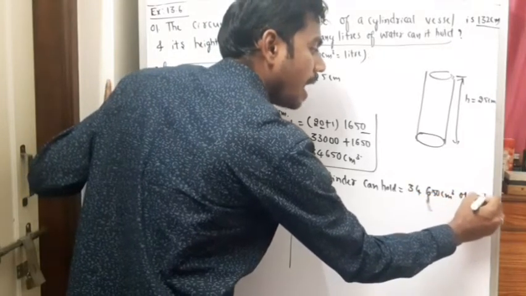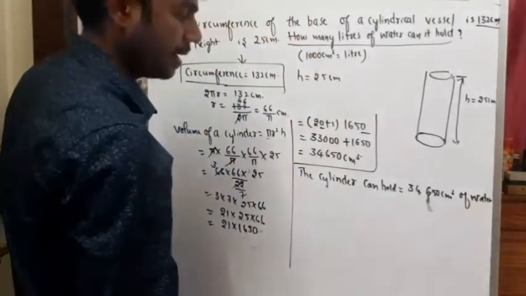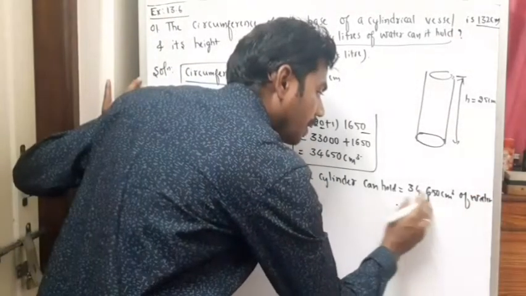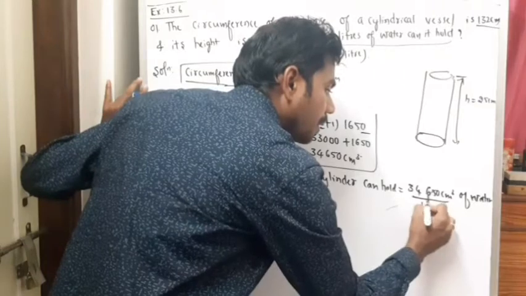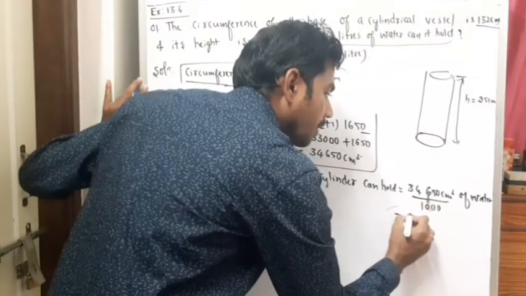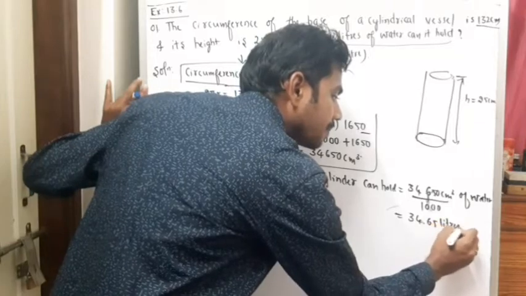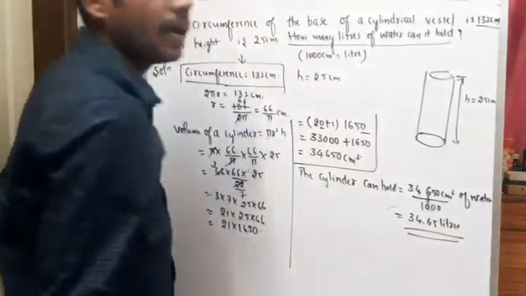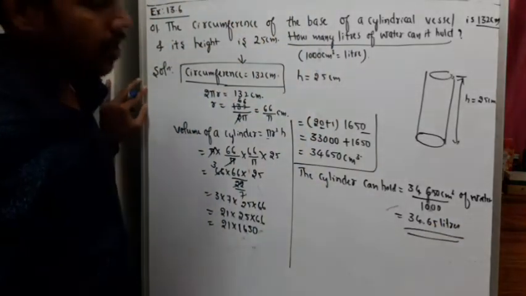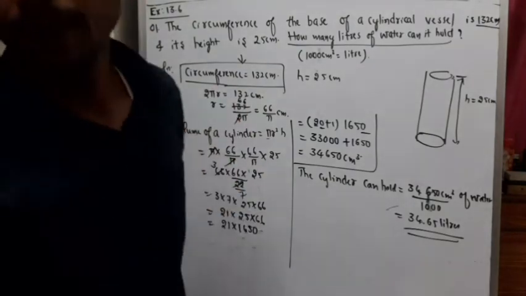Or else it can be written as 34,650 divided by 1000, which will give us 34.65 liters. This is the capacity of a cylindrical vessel. Please note this down.